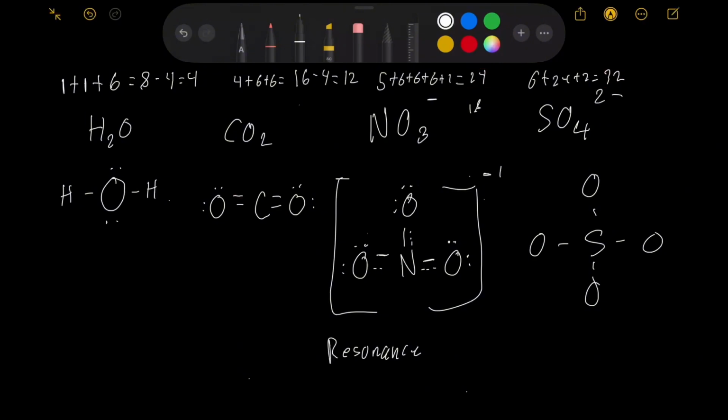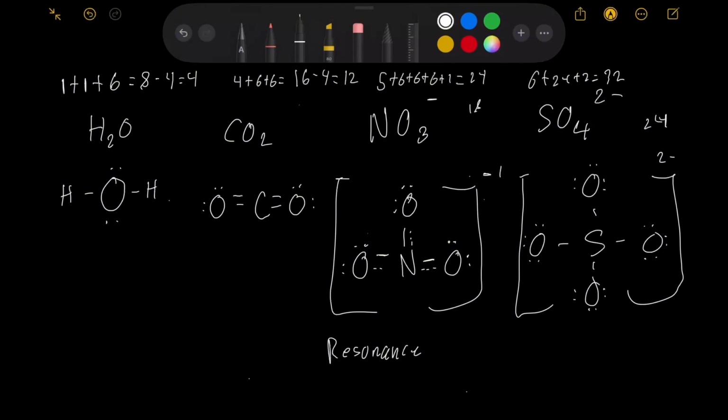So now we check how many electrons are left. We used up 8, so 32 minus 8 is 24. And don't forget, we need the little brackets here for the minus. So we have 24 electrons, and we're just going to bond them. And as you see, every element is bonded.